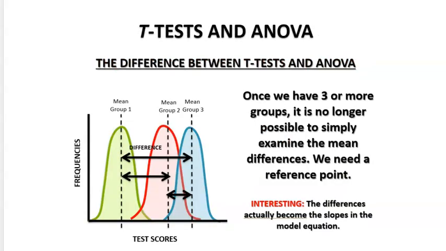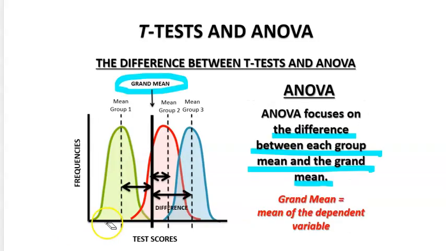And then look at what happens. Instead of comparing the means like a t-test, what you do is this. You put the grand mean, which is the mean of the three different categories' postings. Then you look at how far each group mean is from the grand mean.